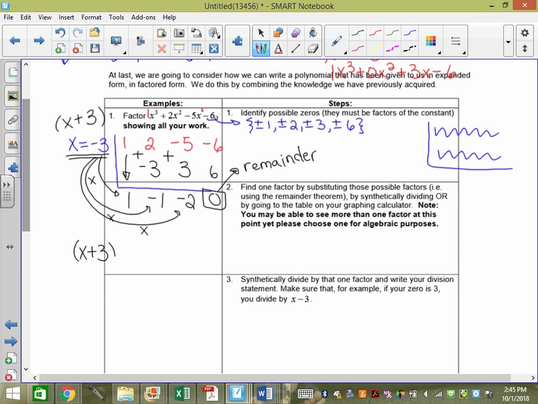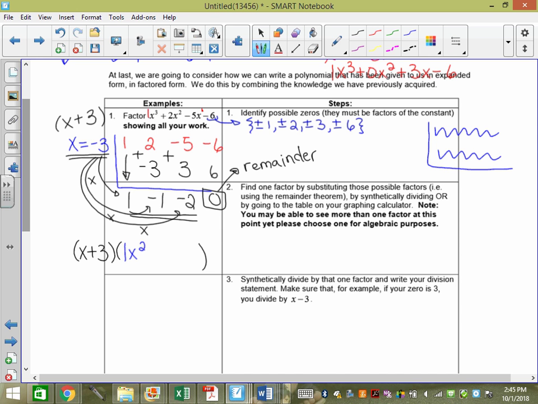We also have another factor, this. So if we pulled an x plus 3 factor out, we've pulled out one x. We had an x cubed. So now we're actually at an x squared. So this is a 1 x squared. And then we just work our way down.